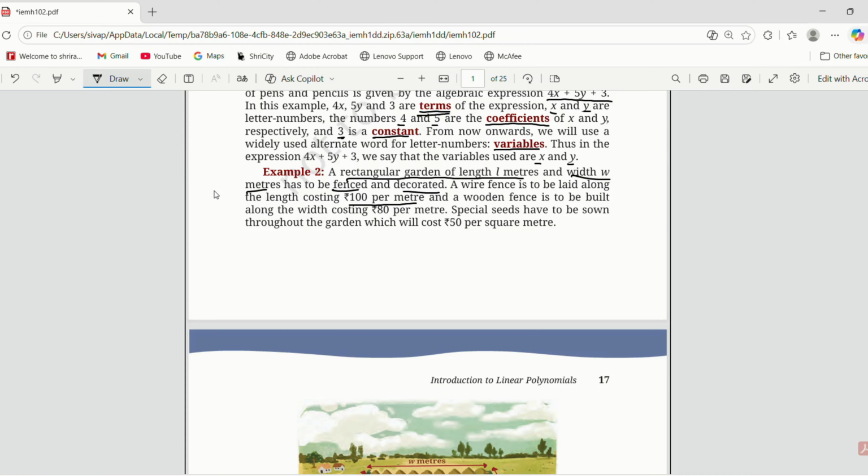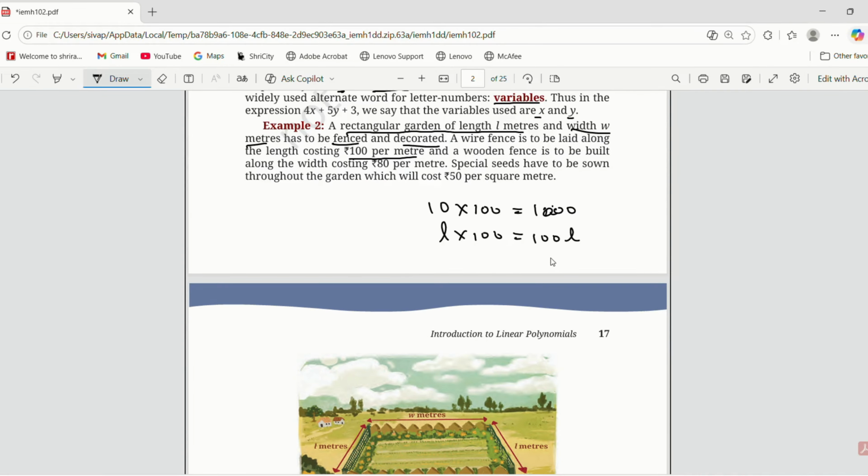Since we have L meters, we have to multiply the value by 100, because if we have a rectangular garden of 10 meters, then for each meter we have to spend 100 rupees. So 10 into 100, we have to spend rupees 1000. Since here we have L meters, L into 100 will be 100L. So this is the amount that we need to spend for the length.